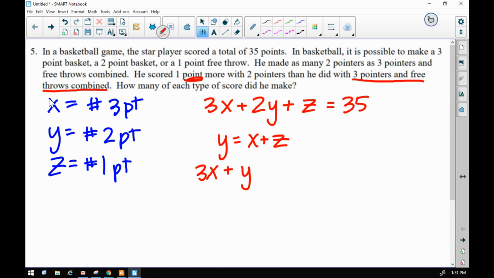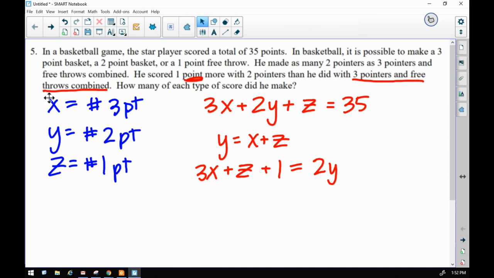If it's 1 point more than that, you're gonna do plus 1. What does that equal? 2y. There you go.